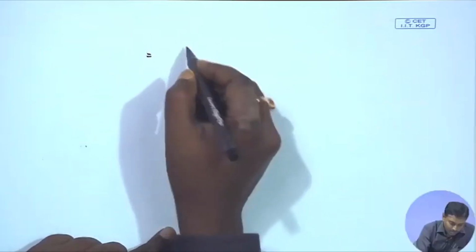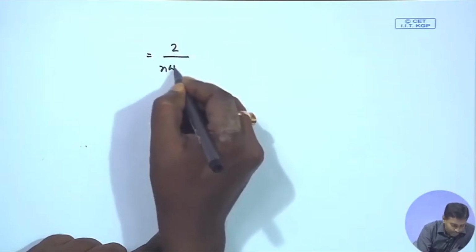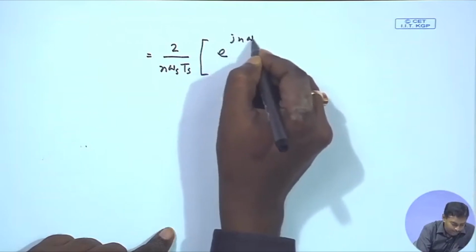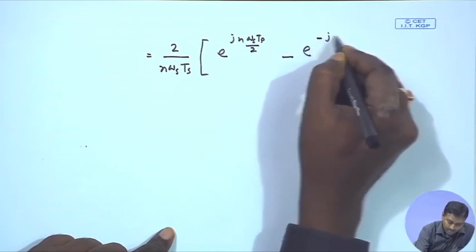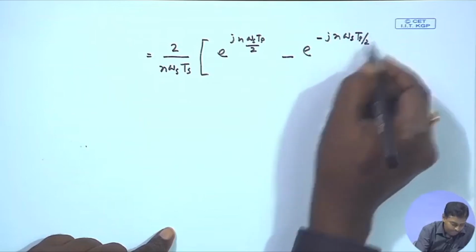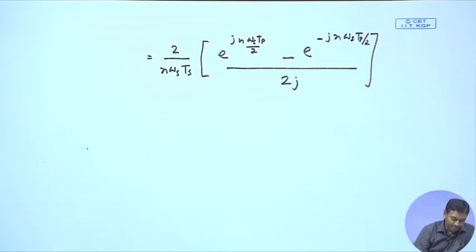And then if we evaluate this, after simplification by putting T_p by 2 and minus T_p by 2, I get 2 by n omega_s T_s times e to the power j n omega_s T_p by 2 minus e to the power minus j n omega_s T_p by 2, divided by 2j. I have taken this form because it will be a sine function.